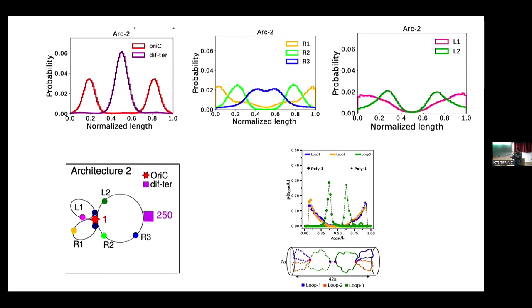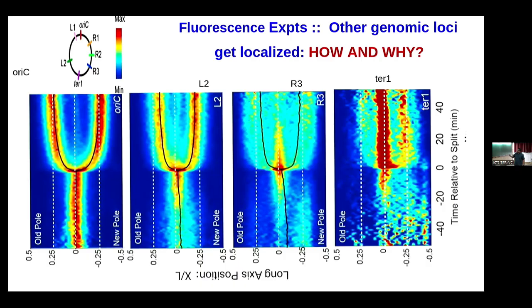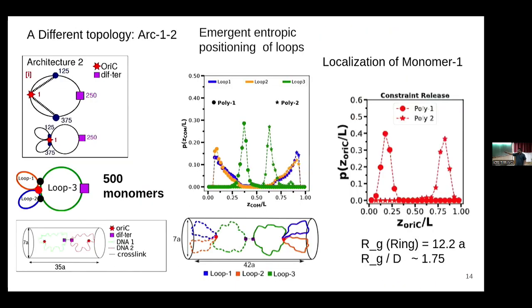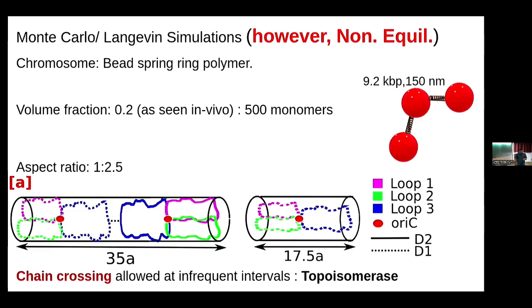Now, all these names L1, L2, R3, R1 are exactly the ones and in the positions which were there in the experiments. So the point is, if you assume that the E. coli chromosome has this architecture, this is the mother, then the ori will be in the middle.